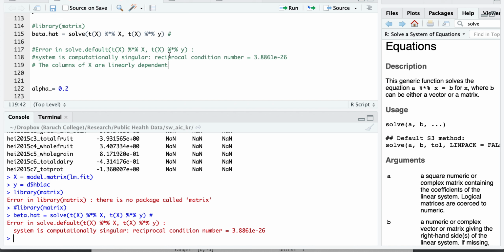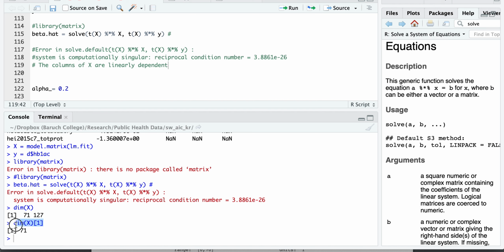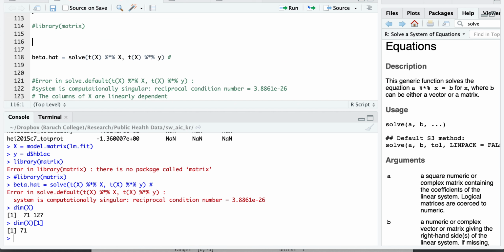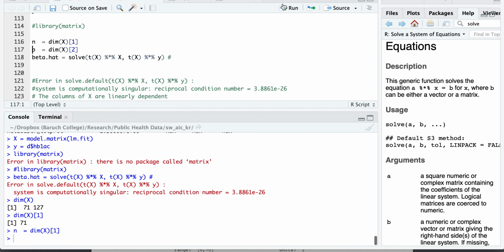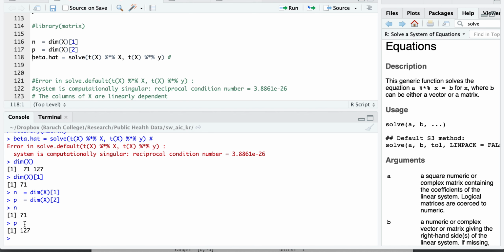And the dimensionality of X is, okay, n is equal to this, P is equal to this. And here we have more columns than rows.